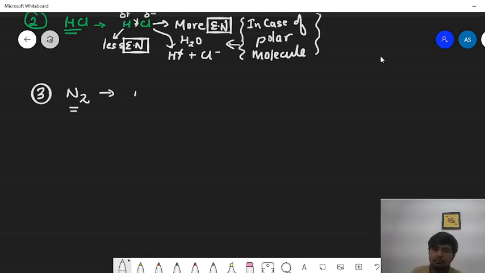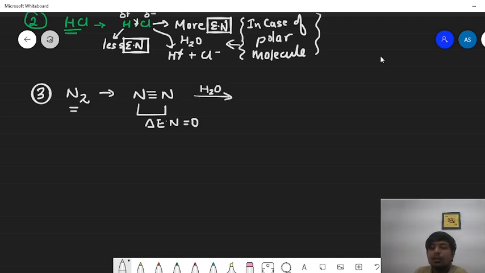There is a covalent bond between N and N, that is a triple covalent bond. But if we see, there is no electronegativity difference. The electronegativity difference between them is 0. So if we want to know the charge on this N and the charge on that N, by putting this nitrogen in H2O, we won't get any result.